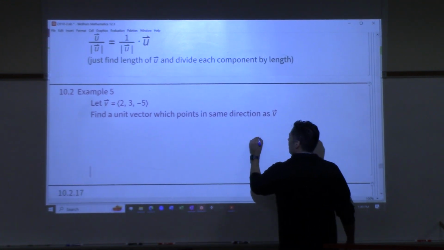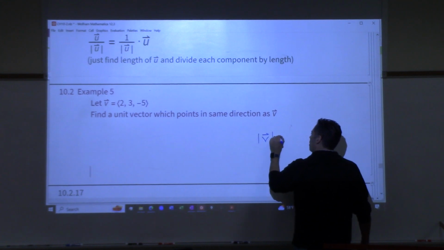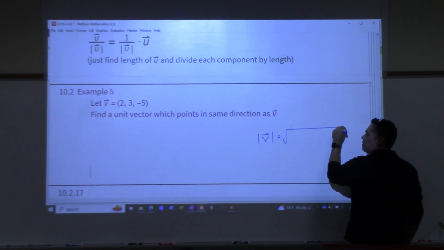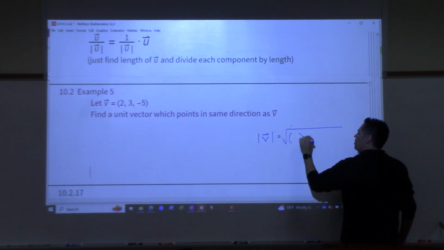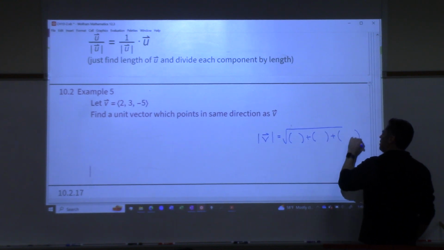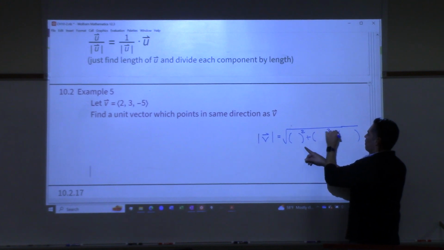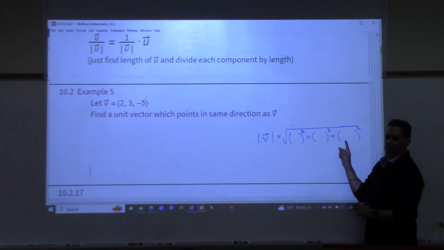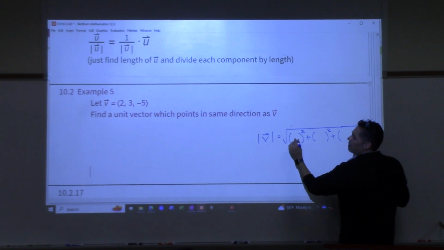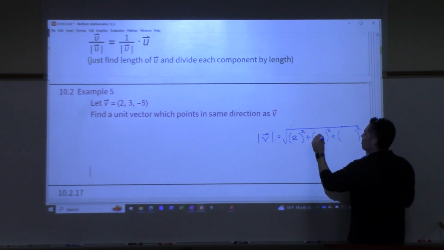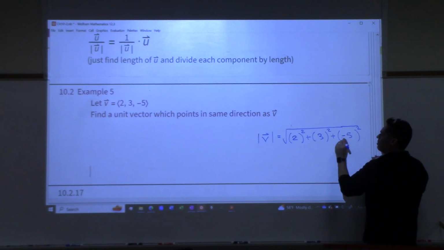First thing I'm going to do is find the magnitude of v, which should be the square root of the sum of the squares of the components, right? So I'm going to do 2 squared plus 3 squared plus negative 5 squared.